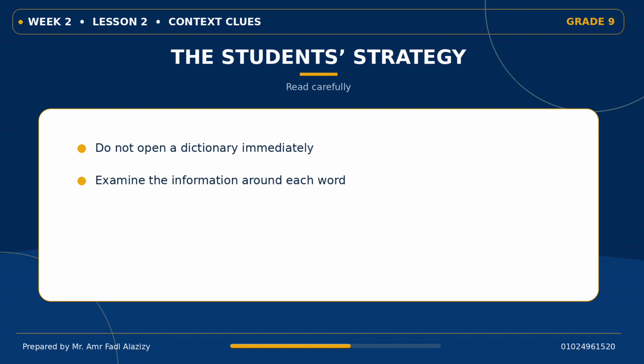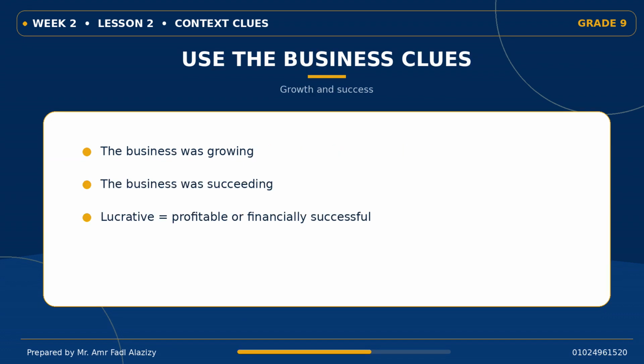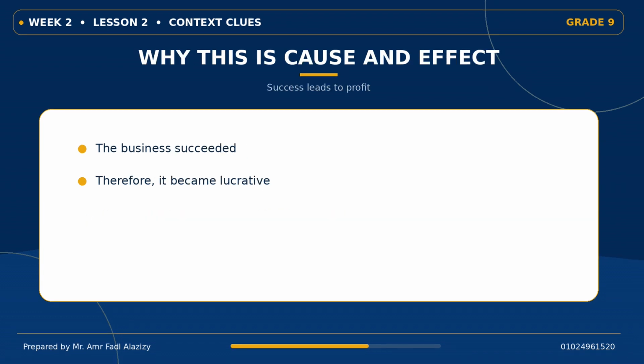One sentence says, "His venture became highly lucrative within 6 months." The passage explains that the business was growing and succeeding. From this information, Sara infers that lucrative means profitable or financially successful. She uses a cause and effect clue.